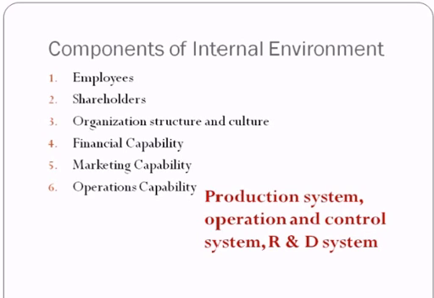Operation and control system involves production planning, material supply, inventory, cost and quality control, maintenance system, and procedure. Research and development takes care of personnel, facilities, product development, patents, level of technology used, technological collaborations, joint ventures, etc.